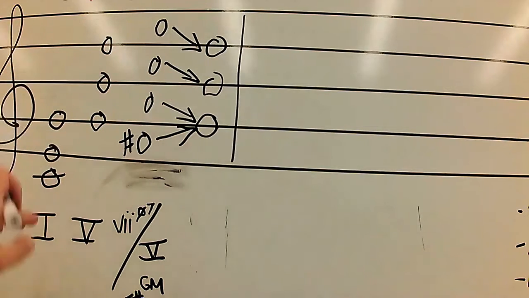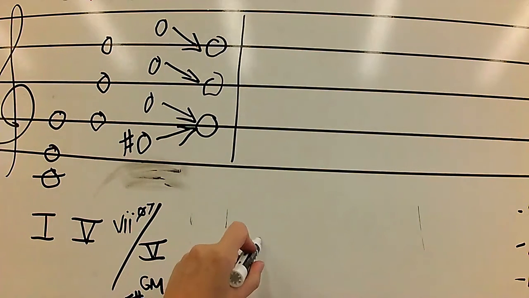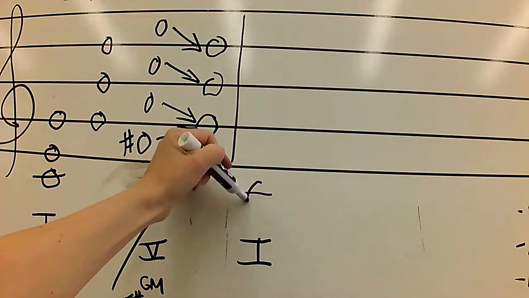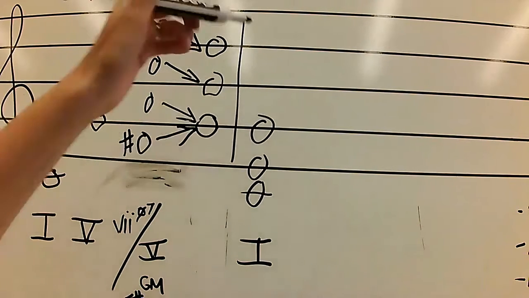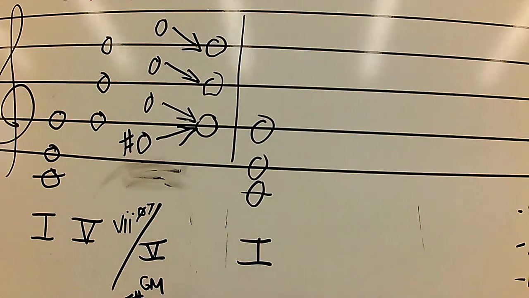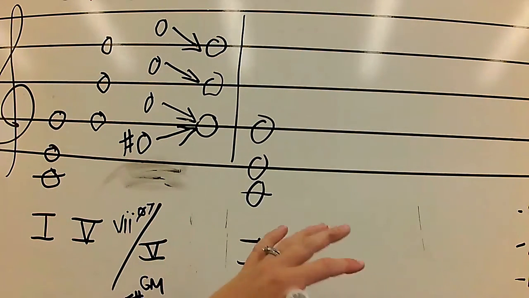Let's do another one. Still the same key. Let's say we're in C major. Here's my one chord. Let's say I'm going to go to the subdominant. But I'm not going to go there initially. I'm going to tonicize it right away.